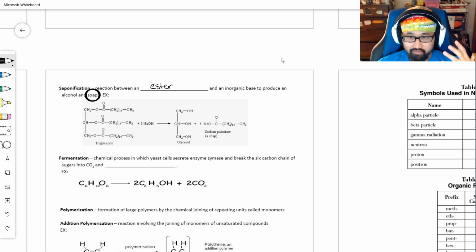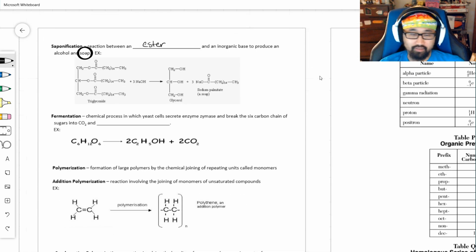The reason I don't even remember the reactants is because saponification is always about the products. Saponification makes soap. And then fermentation is actually one that usually people recognize fairly easily. When you ferment something, you take sugar and you break it down into carbon dioxide and alcohol.